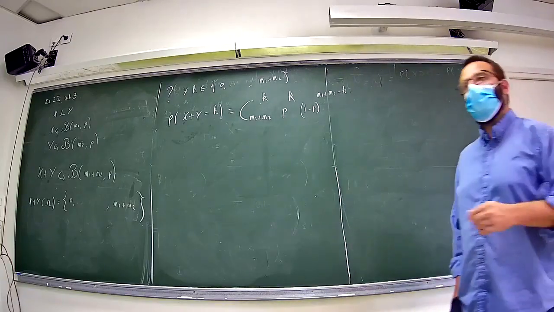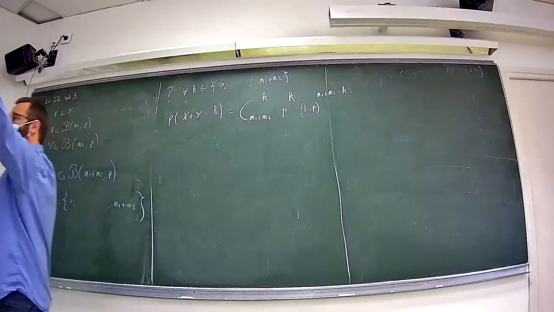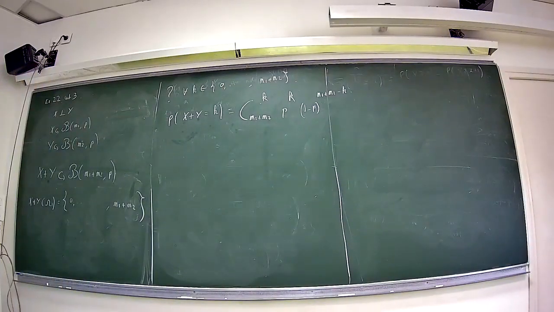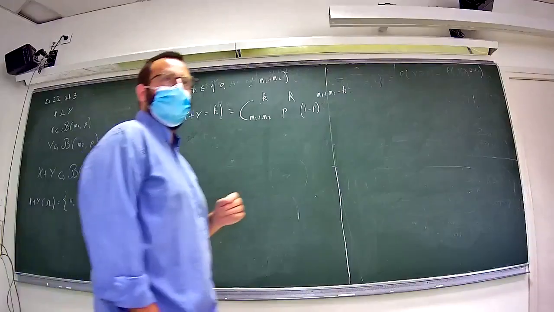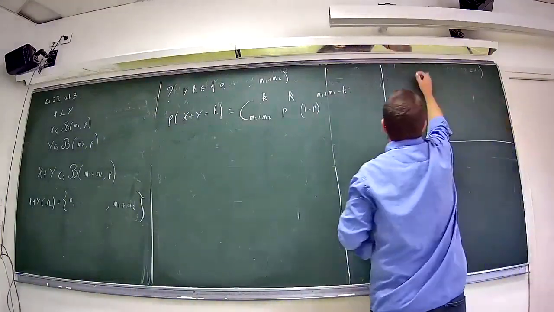Another thing we have seen together is that a binomial of parameter n and p may be seen as the sum of n independent Bernoulli of parameter p. So, what we have seen is the following.